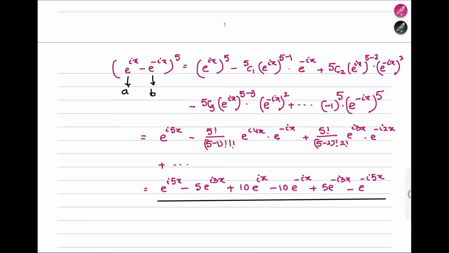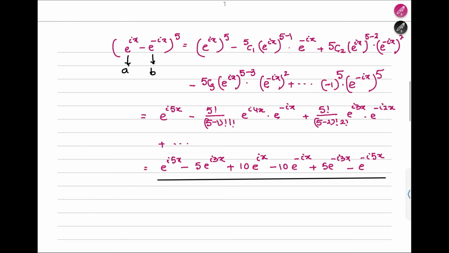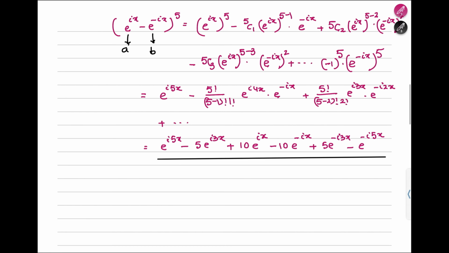You remember that formula? From that you can easily find out (e to the power of ix minus e to the power of minus ix) to the power of 5. Ultimately, this will be equal to e to the power of i into 5x minus e to the power of minus i into 5x.